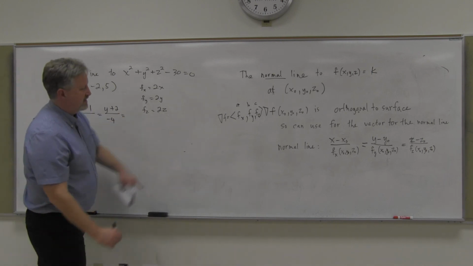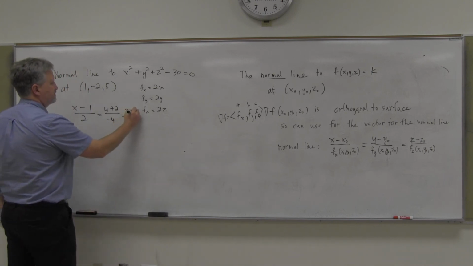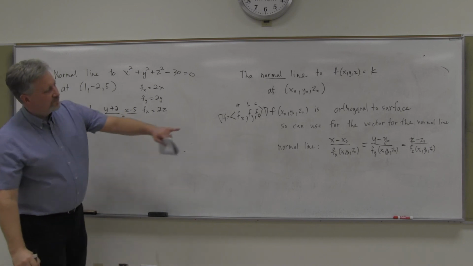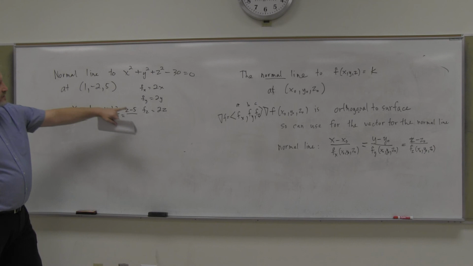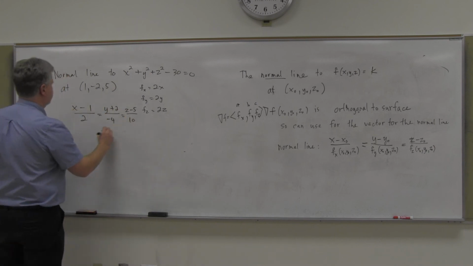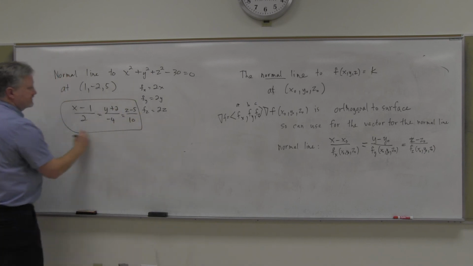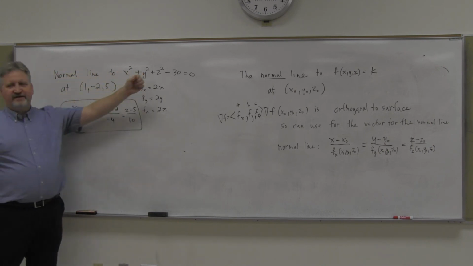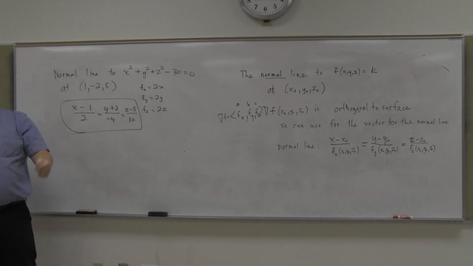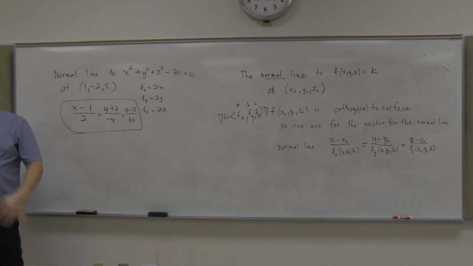And then z minus 5 over the partial of f with respect to z, so that'd be 10. So that's going to be the normal line right there. Like I said, it's kind of a 2 for 1. That was the same equation that I did the tangent plane for at the same point. So basically you get a 2 for 1 here. Good.